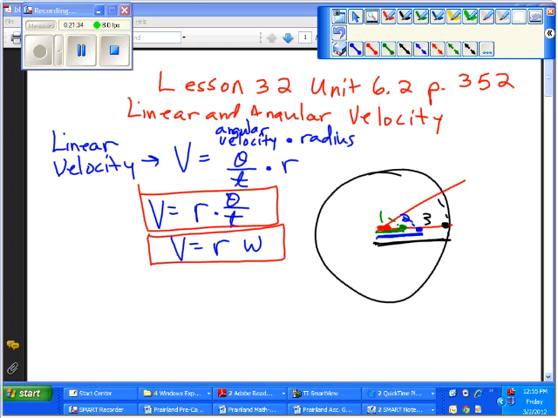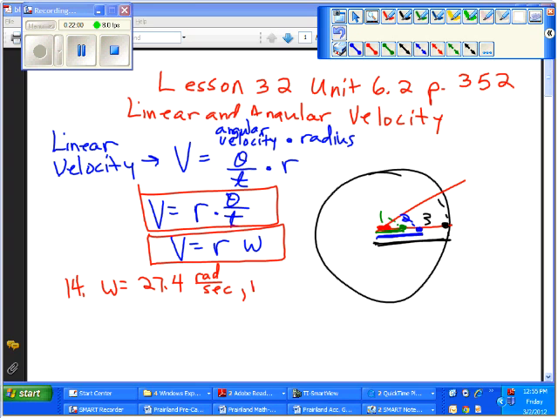So let's see what they give us here on number 14, the second 14. This has two 14s on it. So this is the second 14 on this page. We have that omega. What's that stand for? Angular velocity. We have angular velocity is 27.4 radians per second.